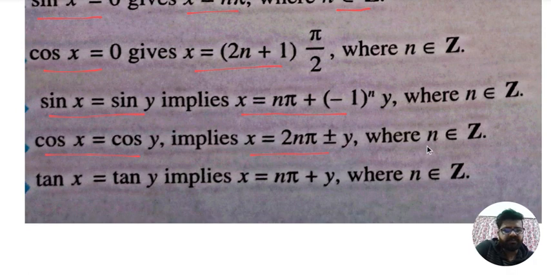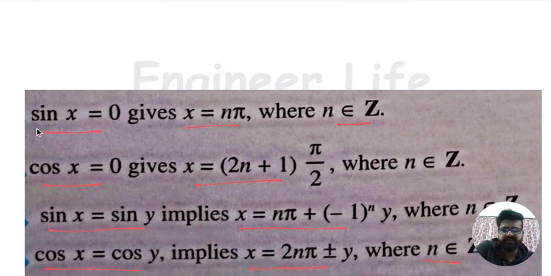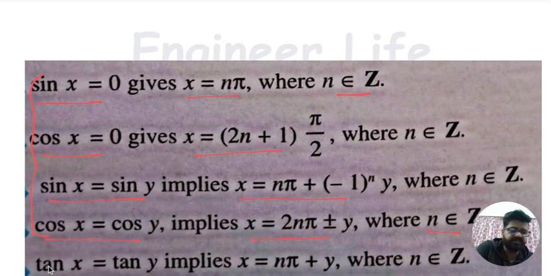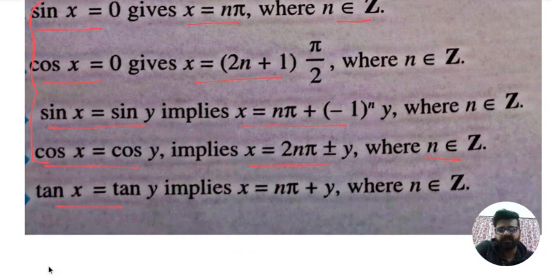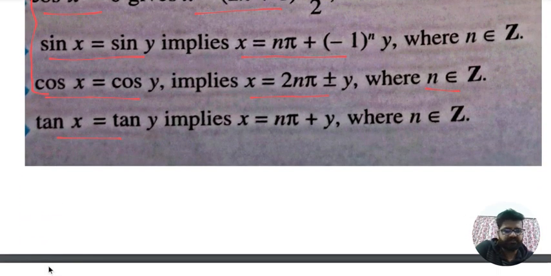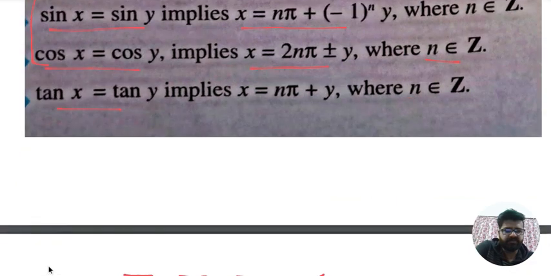And look here, n belongs to Z. When we reduce our equation, there are very high chances of getting these 1, 2, 3 and 4 kinds of equations. These 4 formulas are very important for you, so you have to remember them.